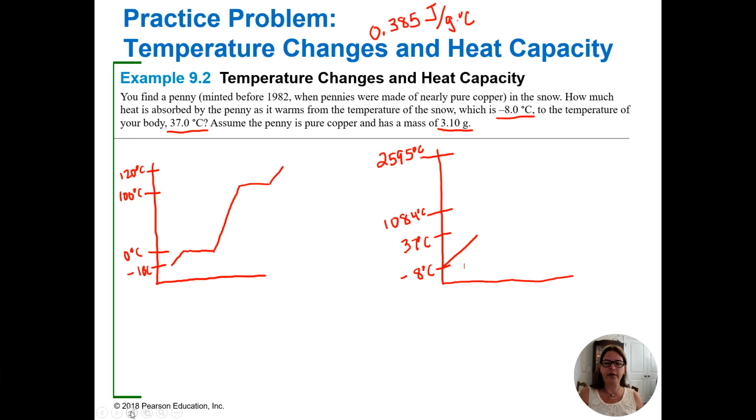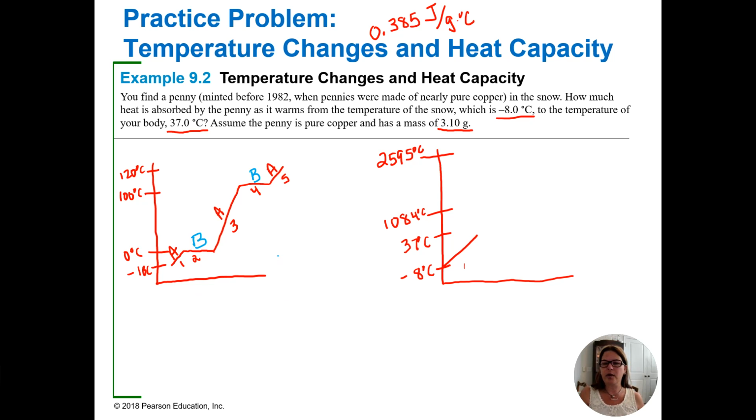So we have 1, 2, 3, 4, 5 steps in this particular example that all require a certain amount of energy. When we're heating up, that's going to be one equation. When we're melting and vaporizing, that is a second equation.